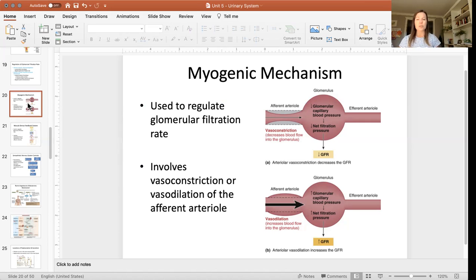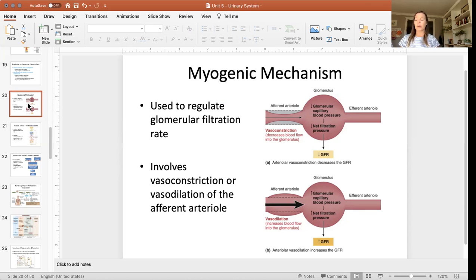So that would lead to an increase in the filtration rate. But we have this mechanism in place in order to prevent changes in the filtration rate. So if the filtration rate, because of that higher blood pressure, is going to start to increase and increase, we want to decrease it and bring it back down to normal. So that's what the response is going to be.